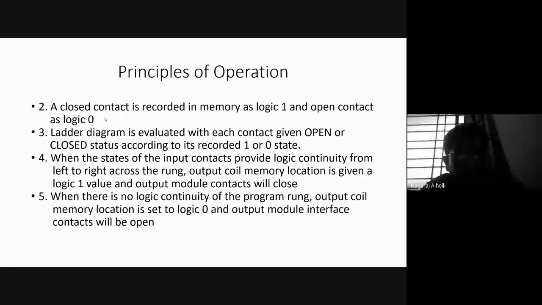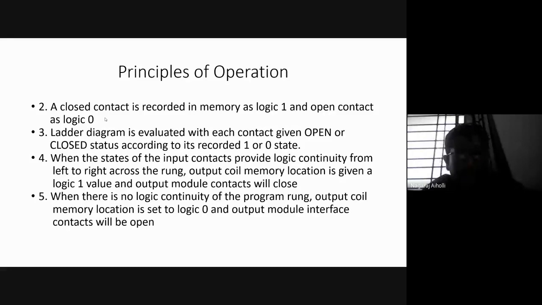It is the way in which we are writing the program that decides the output. The PLC will not provide the output on its own. No. It is the program that we are feeding, the program that we are storing into the memory of the PLC, that is making the output to control or making the output to obtain. So that is how the open and closed contacts decide based on the ladder diagram or the ladder instructions.